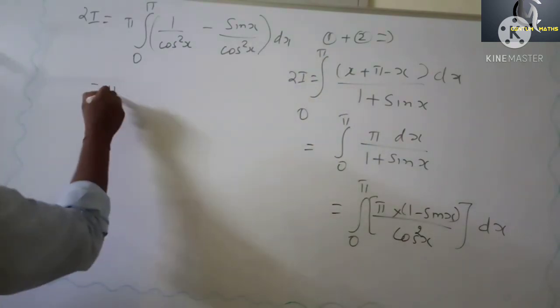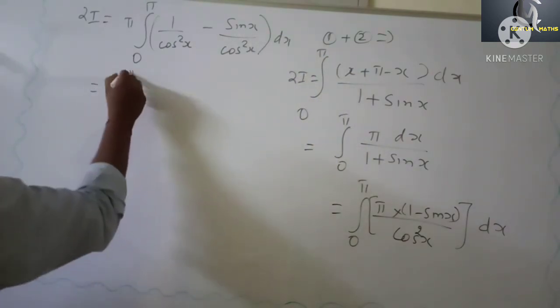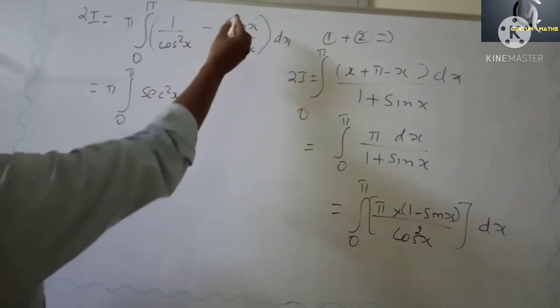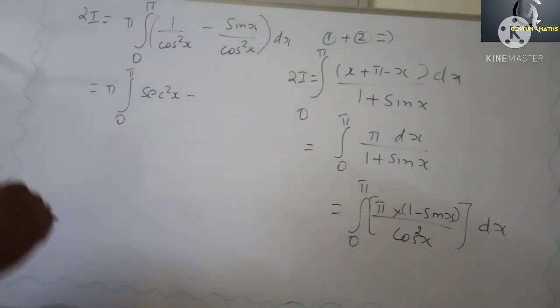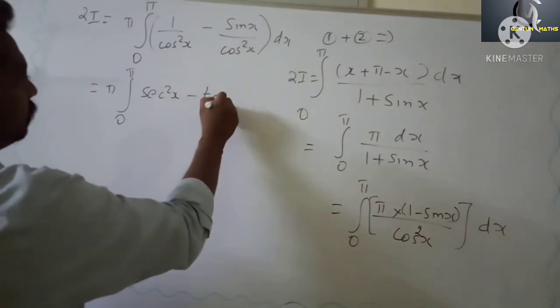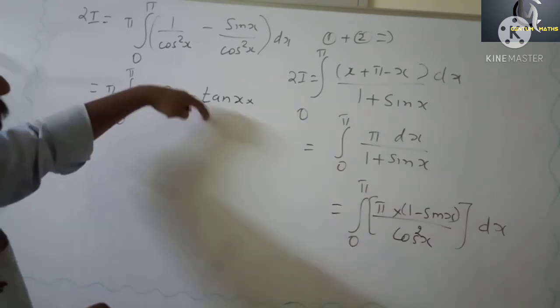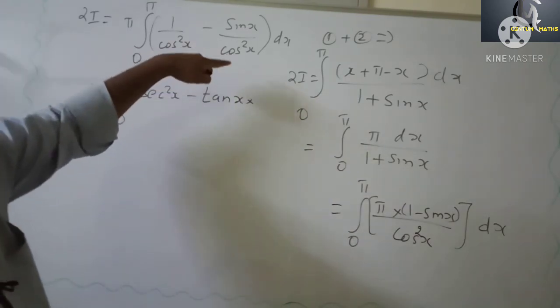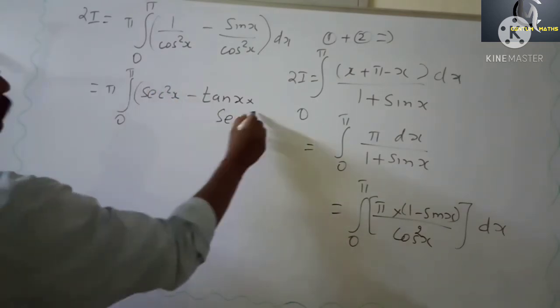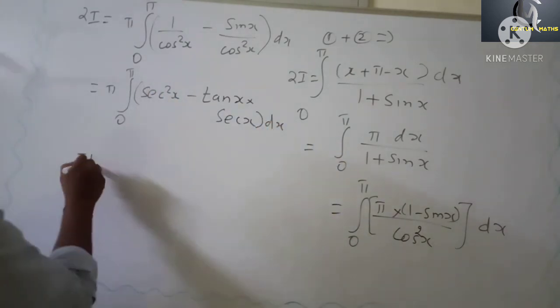So pi into 0 to pi, 1 by cos square x is secant square x, minus sin x by cos square x. I am splitting this into sin x by cos x, which is tan x. Then 1 cos x is remaining in the denominator. So 1 by cos x is secant x.